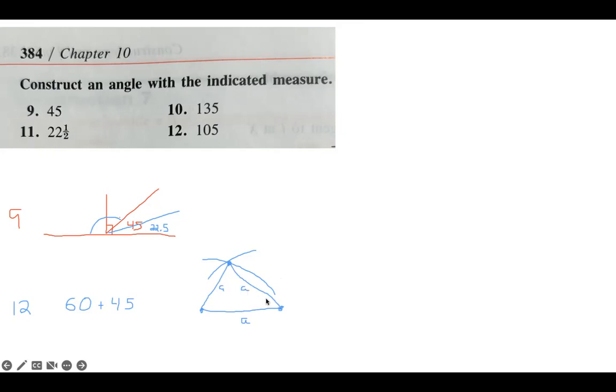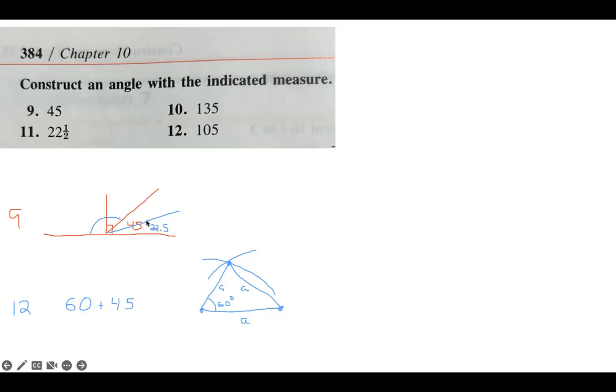Okay, so I have now made an equilateral triangle. All the angles of an equilateral triangle are 60 degrees. So that angle right there is 60 degrees. So now, in number 12, I have a 60-degree angle.